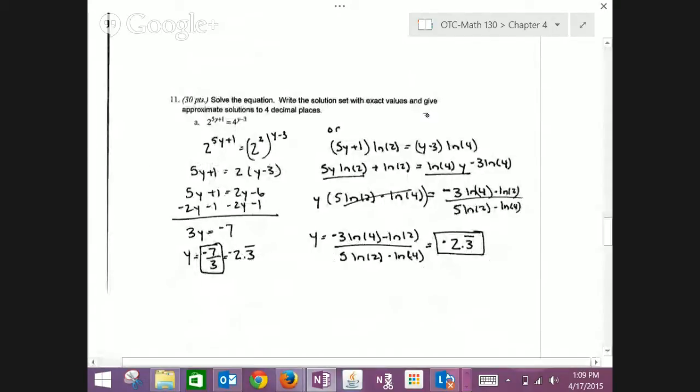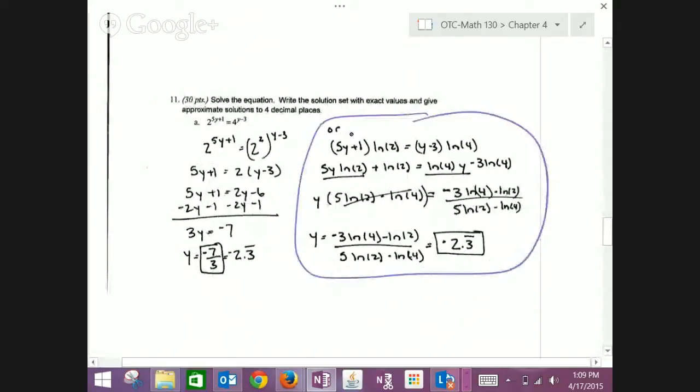I think everyone on the take-home did it this way, which is fine. There's a little faster way: know 4 is 2 squared. Solve for y, and we get minus 7 over 3. Marcus, grab your test. Some of you went about it this way and lost a negative along the way, so your answer was a little off, and I tried to give you partial credit for your work.